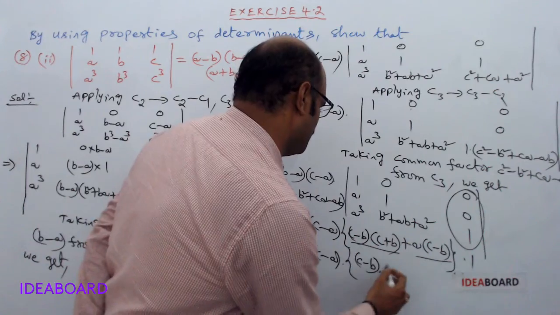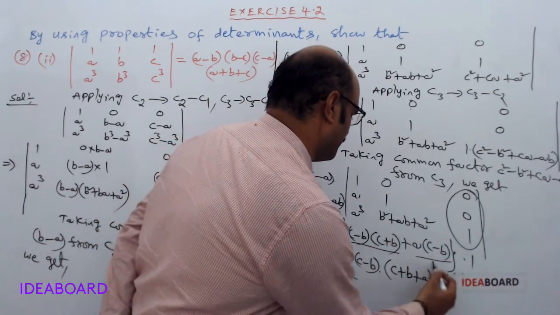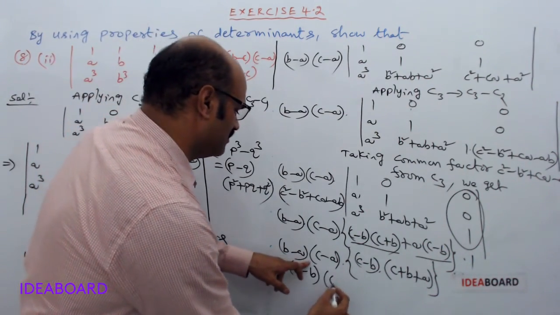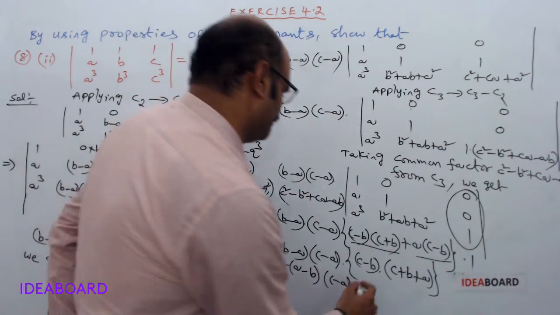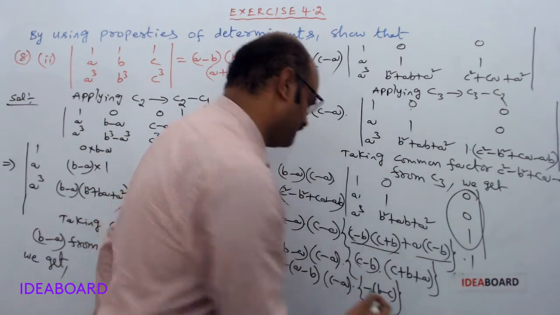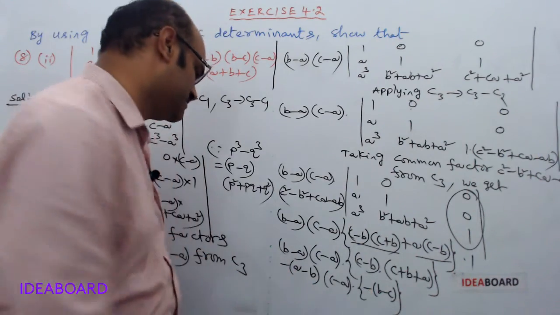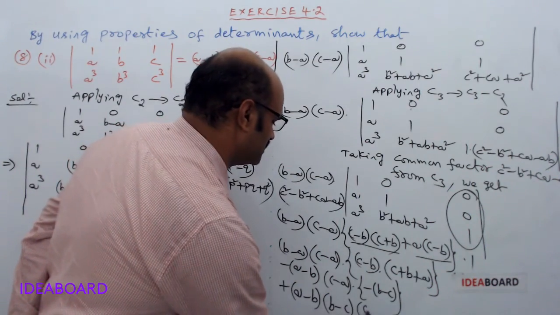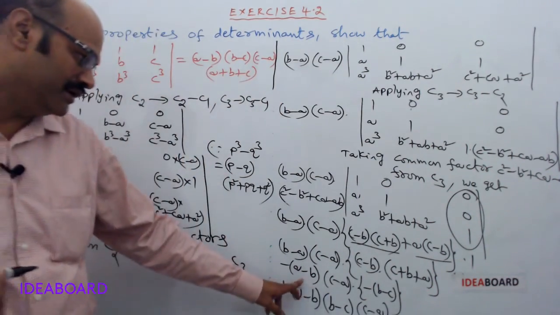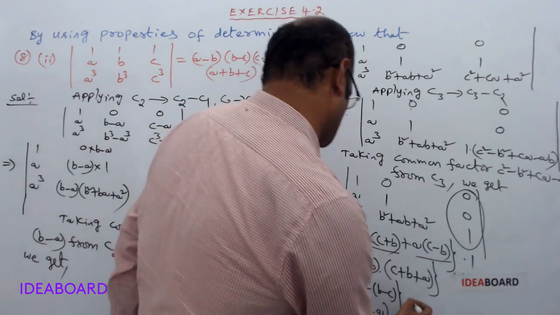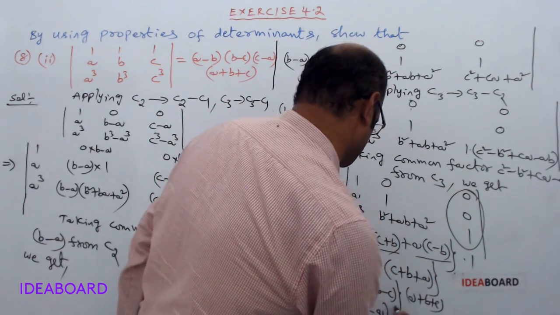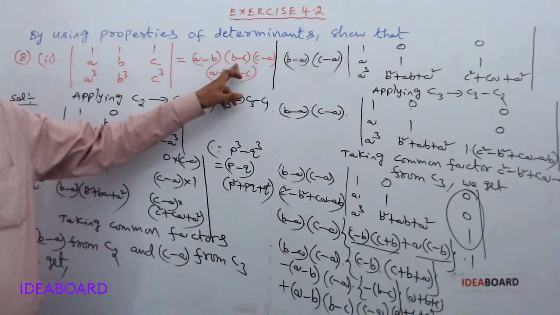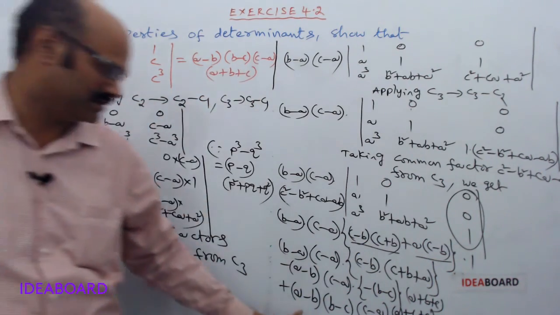C minus B, when you take common we get C plus B plus A. It implies take minus common from this, minus of A minus B, C minus A, into minus of B minus C. Now minus into minus equal to plus, A minus B into B minus C into C minus A into A plus B plus C. Here we have to prove that A minus B into B minus C into C minus A into A plus B plus C. Hence proved.